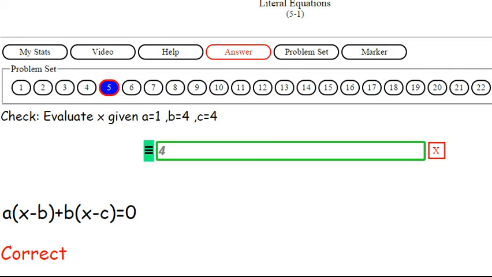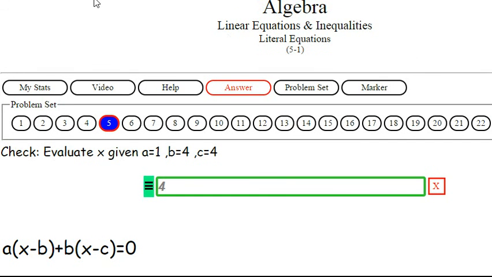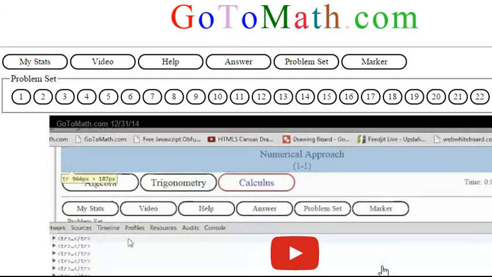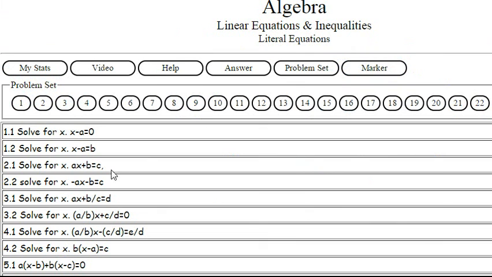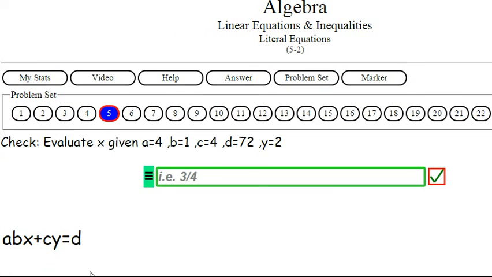Alright, so where are we? We're over here at GoToMath.com. Come on by, practice. Come up here, click on Algebra, Literal equations, 5.2. I believe that's what we're doing.